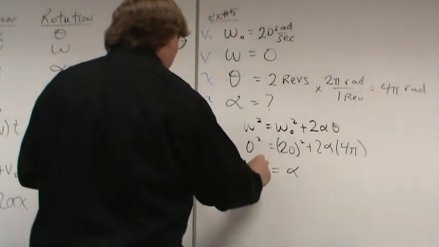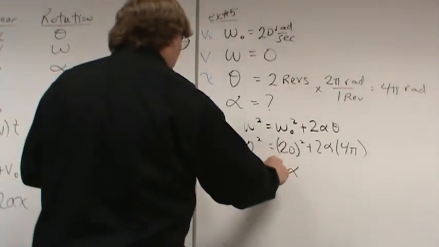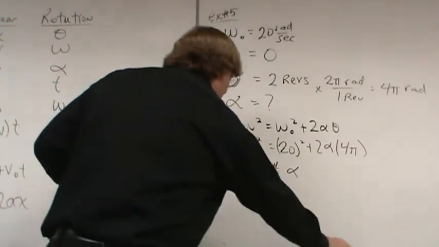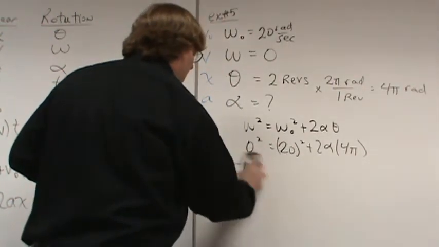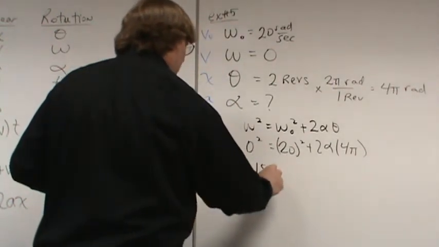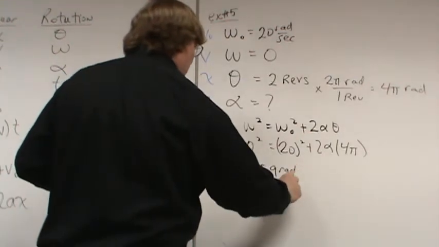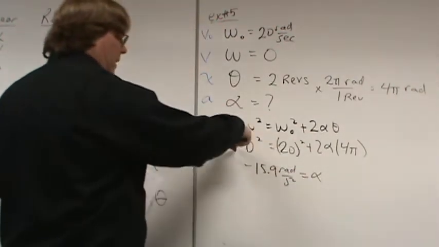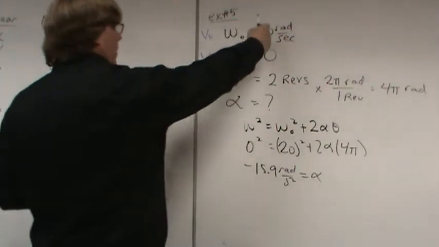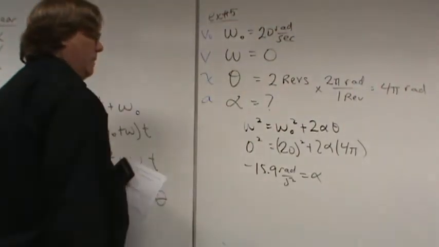And it's negative 15.9 radians per second squared. It's negative because it's a deceleration: I started with an angular velocity and ended with 0.